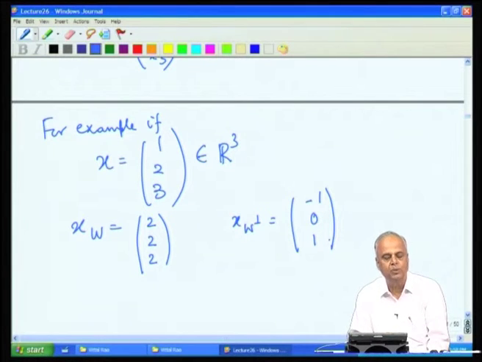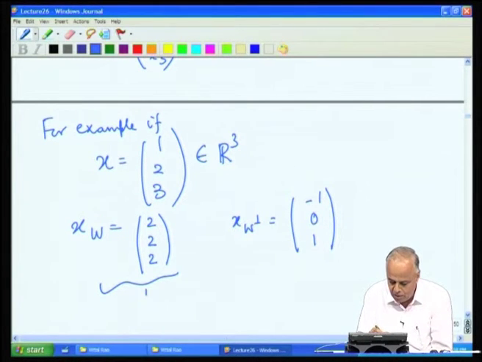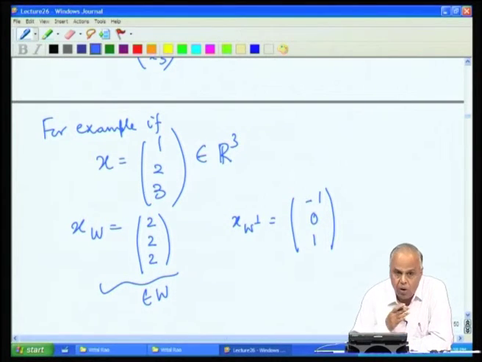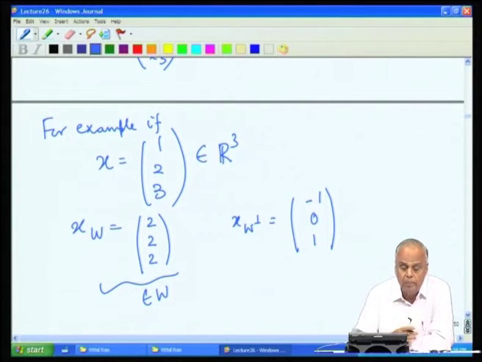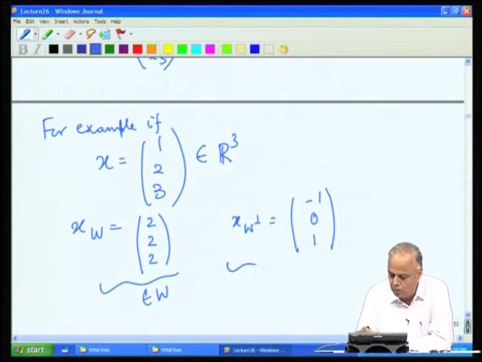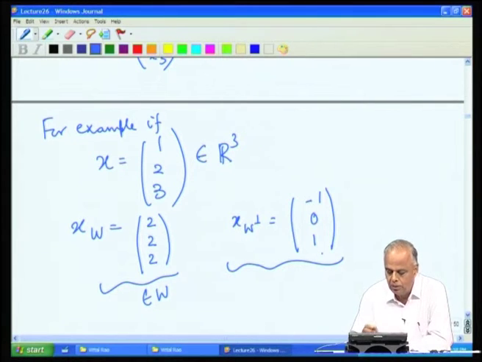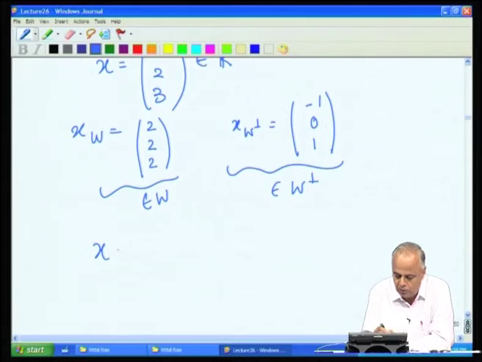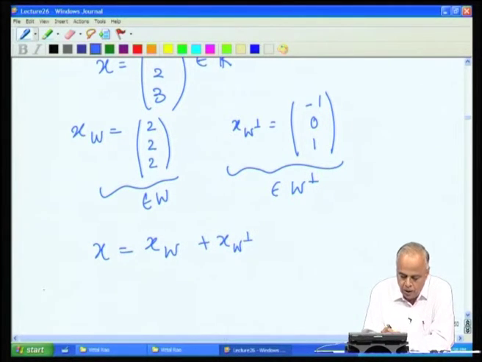If we add these two, you observe that this belongs to W, because all the components are equal. Recall, the space W consists of all the vectors whose components are all equal, and this belongs to W perp because it is orthogonal to all the vectors in W. So, thus we see that the vector x equal to 1, 2, 3 has been split into x w plus x w perp. Let us check the Pythagoras theorem for this.